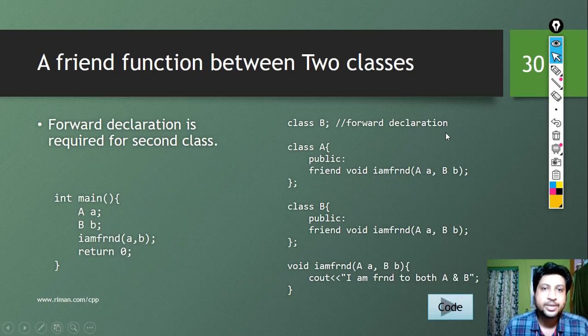So let's take another example. Here we have defined a single friend function that is friendly to two different classes.